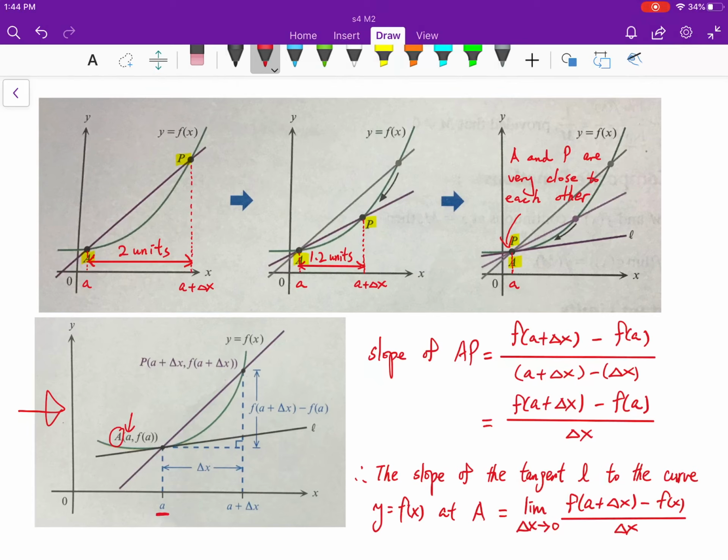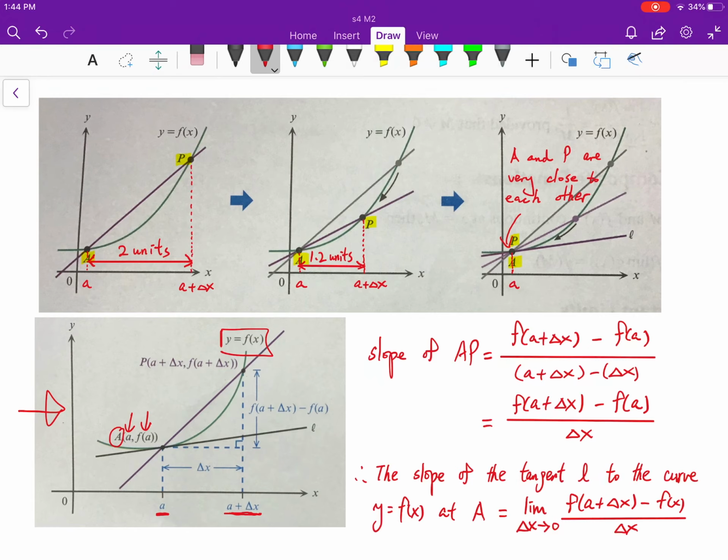This point A has x coordinate a, and the curve is y equals f(x), so when you put x into f(x), you get f(a) as y. So (a, f(a)) is the coordinate of point A.